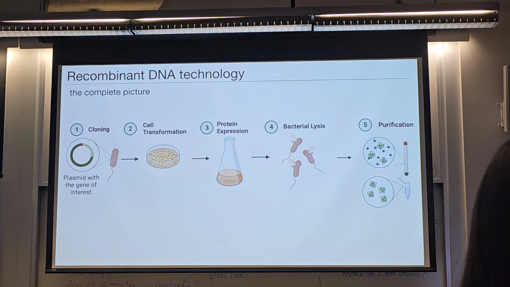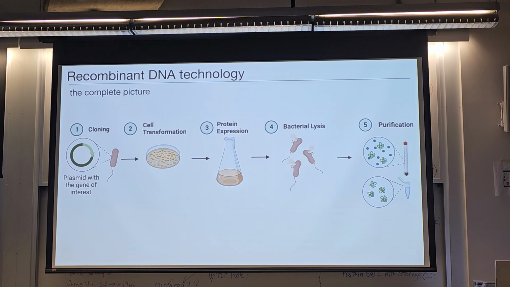So the complete picture is first you clone that gene of interest into a plasmid using gene assembly or restriction enzymes, and then you transform E. coli or yeast or another organism with that plasmid, grow them on a plate, and once you confirm that, then you take a single colony and grow them in liquid media, and in that liquid media, those bacteria are going to be making the proteins that you want, ideally.